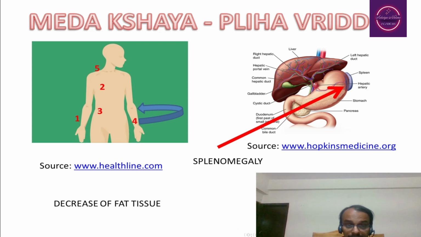So let us see. When you look into meda, the accumulation of fat, there are various areas. For example, the first indicates the subcutaneous tissue, the second the breast tissue, the third the abdomen, the fourth the buttocks, and the fifth the nape of the neck.